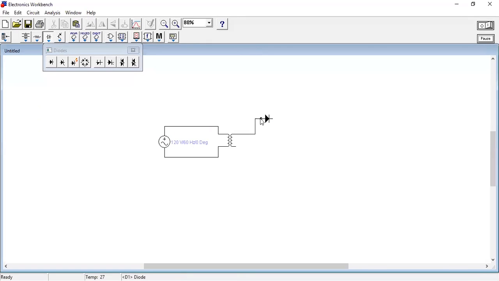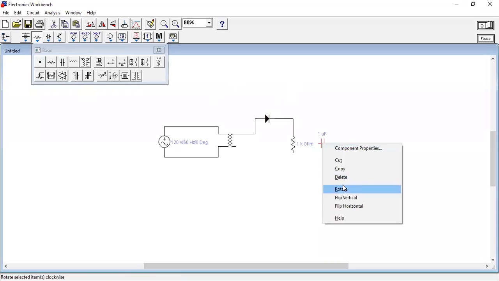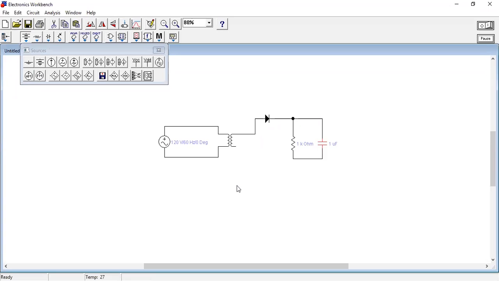We connect the capacitor to the resistance and the transformer to the resistance, and we need ground, so we need to ground it. You can adjust the wires. Okay, it's not a problem.